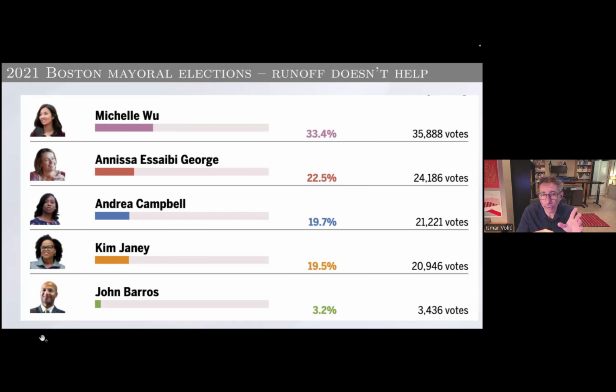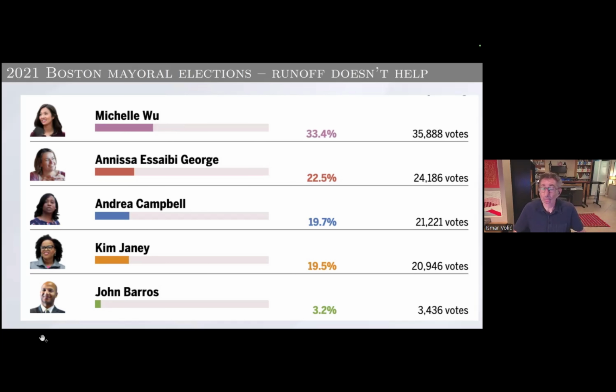We don't know for sure, but there's always the doubt of this. In other words, maybe if Janey dropped out, her voters would have voted for Campbell, and that would have given Campbell enough votes to place first or second. And then she would have gone into the runoff, and it would have been a different runoff election. And who knows what would have happened in that election?